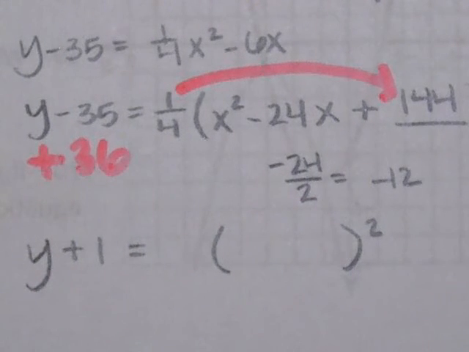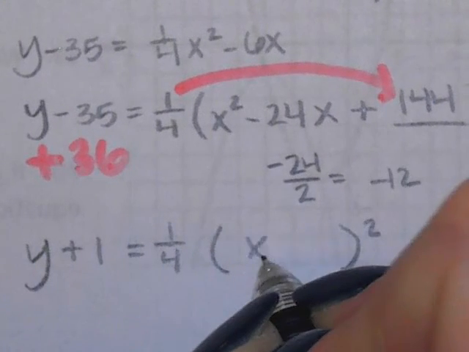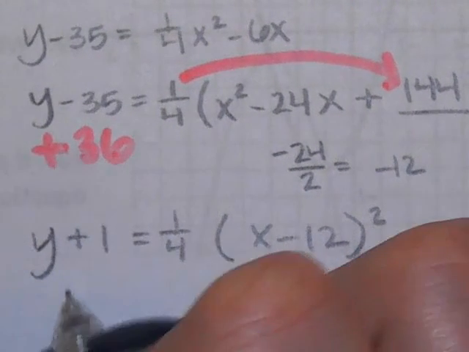I mean, you are going to subtract it eventually, just not yet. And then put the 1 over.